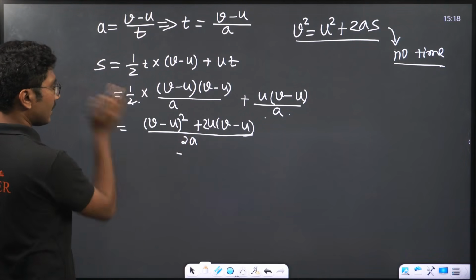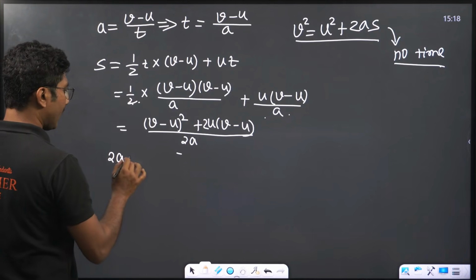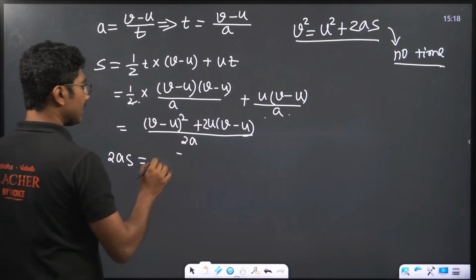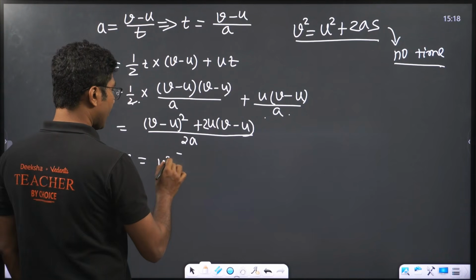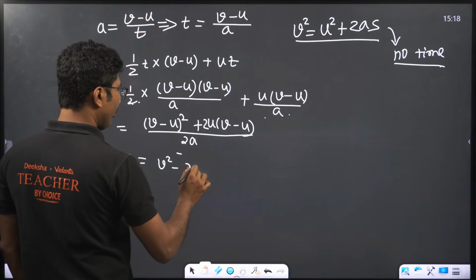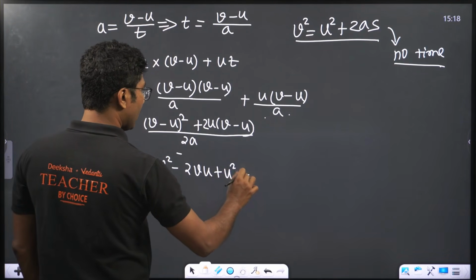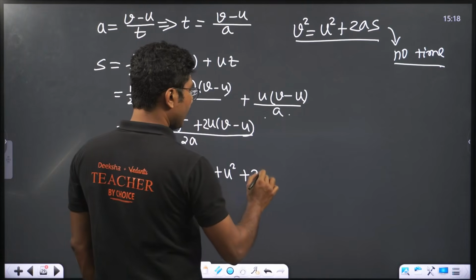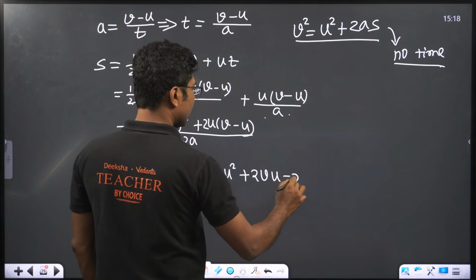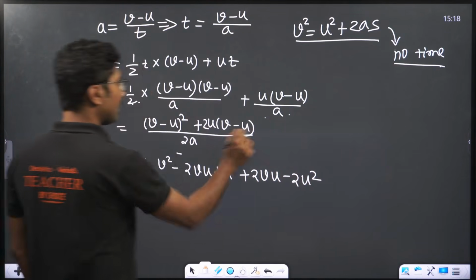This will come on the other side, and you get 2as equals to, now break this square, you get v square minus 2vu plus u square plus 2vu minus 2u square. Just multiply this.